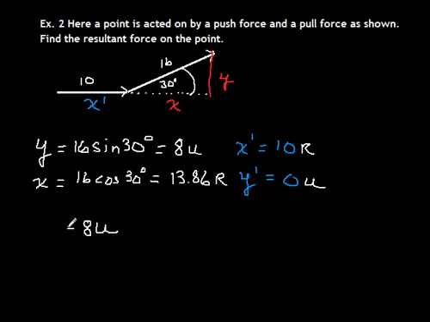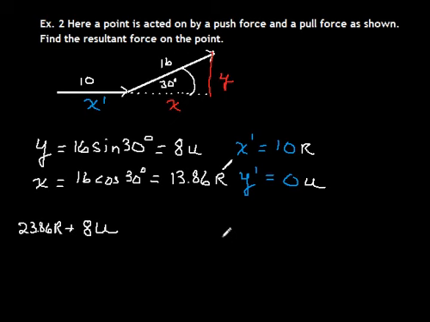I should add my rights together first. And then our right would have been 10 plus 13.86, which is going to be 23.86 right.